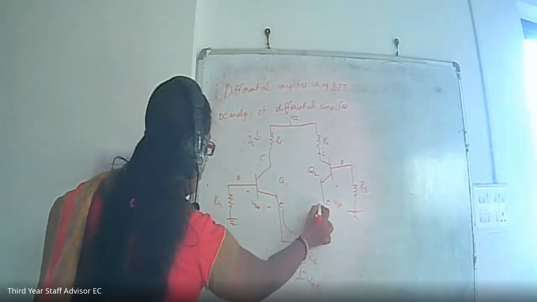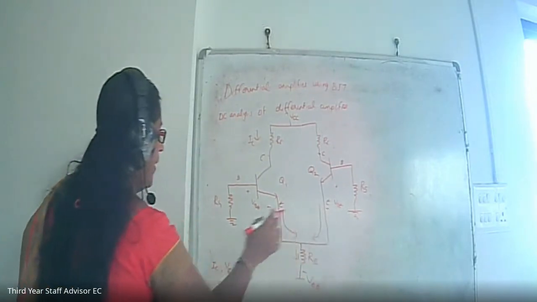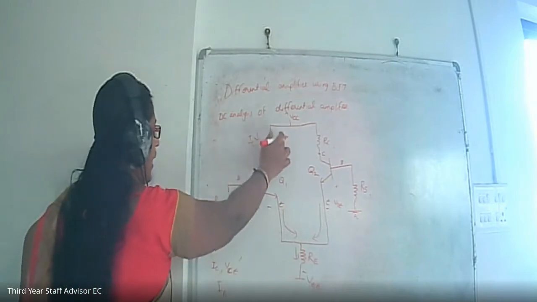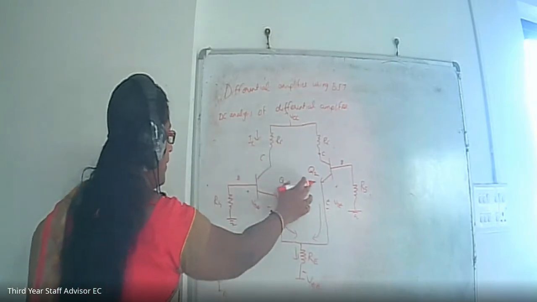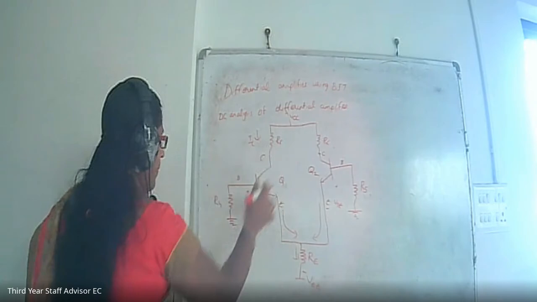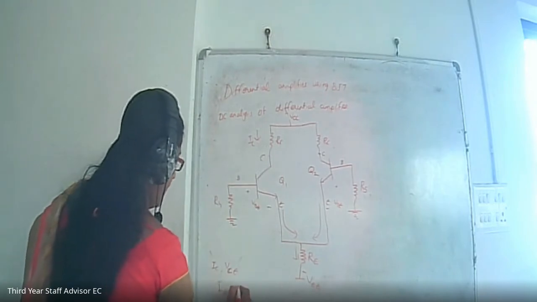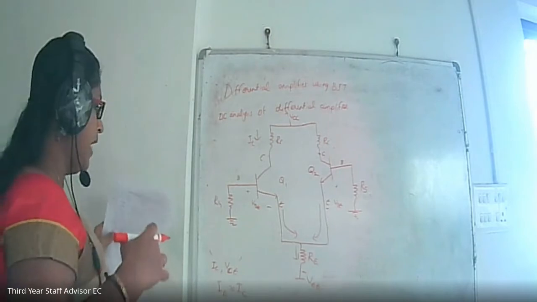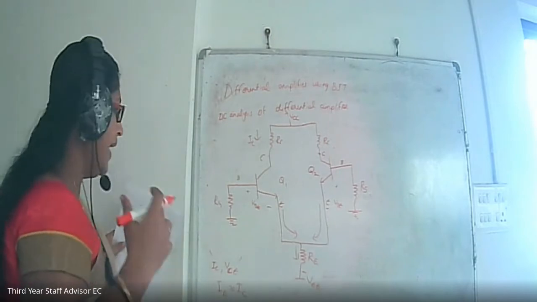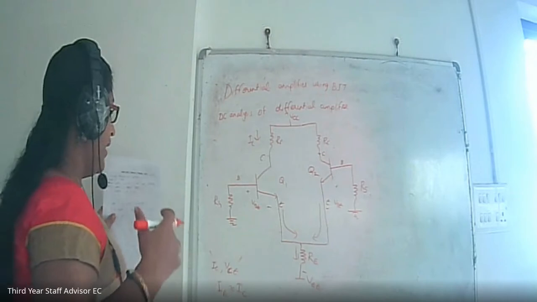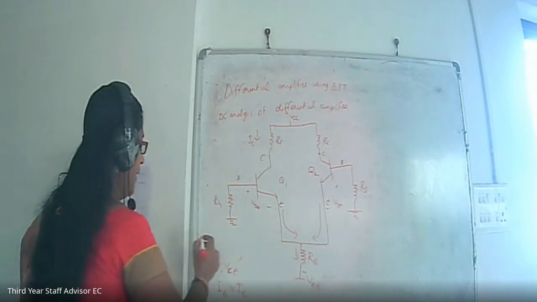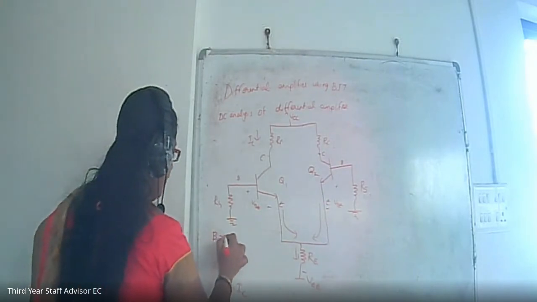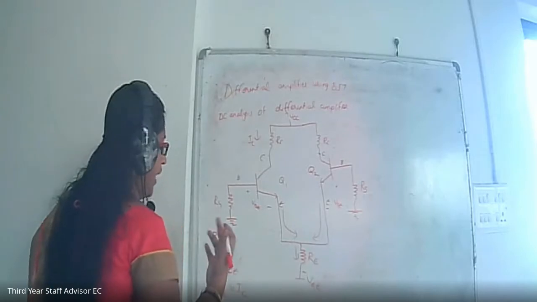So the emitter current is approximately equal to the collector current. If both of these transistors are equal, then emitter current IE is approximately equal to IC. That is the first condition, if we assume that Q1 and Q2 are ideally matched and we consider the condition beta much greater than 1, that is, current gain is more than unity.